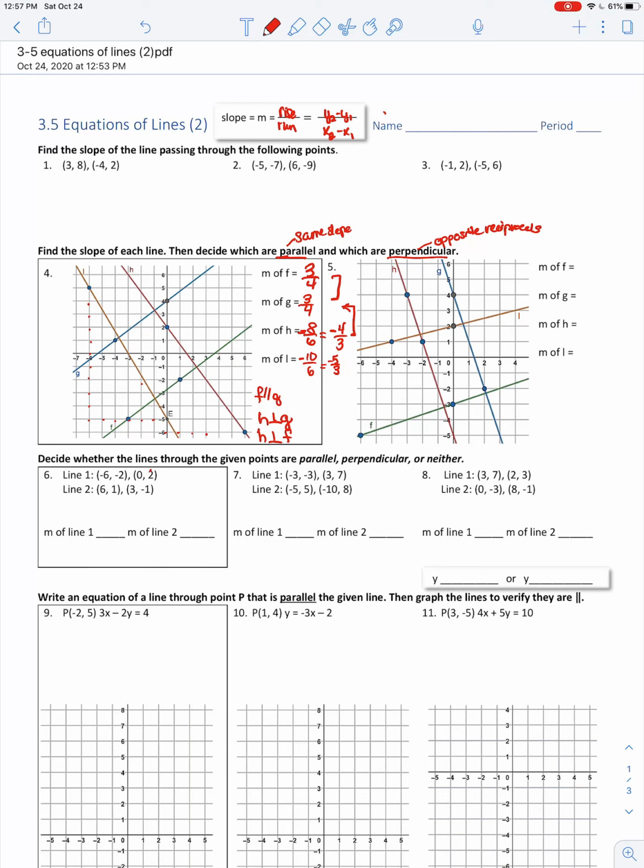So our y2 minus our y1 is going to be a 2 minus a -2, which becomes 2 plus a +2. And then our x2 minus our x1 is 0 minus a -6, so 0 plus 6, so 4/6. And that simplifies to 2/3.